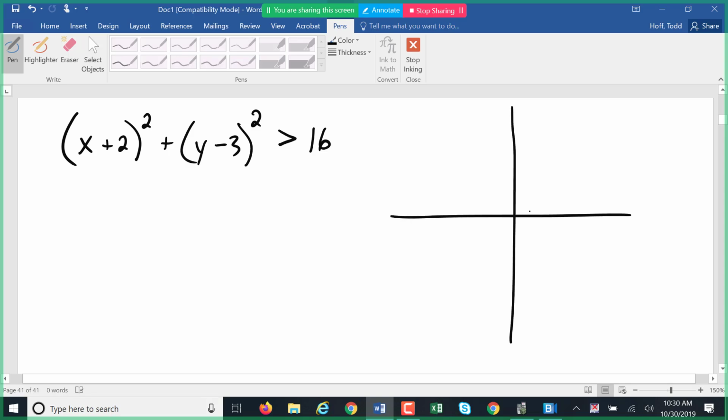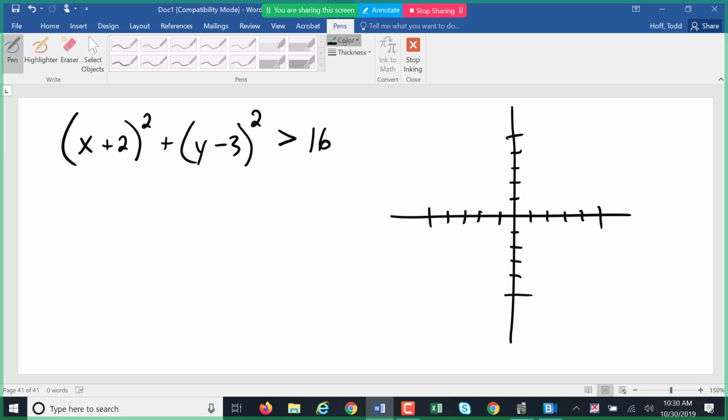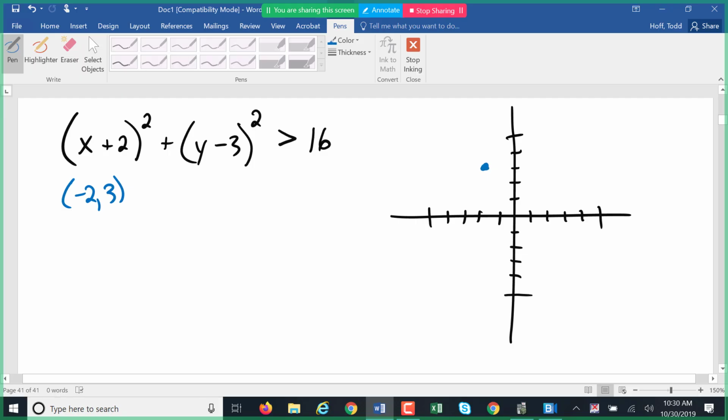So if we graph this, this is the equation for a circle. So its center is at negative 2, 3. So negative 2, 3 is right there.